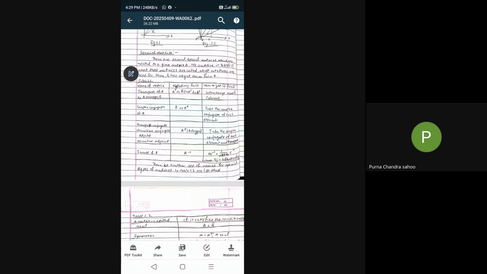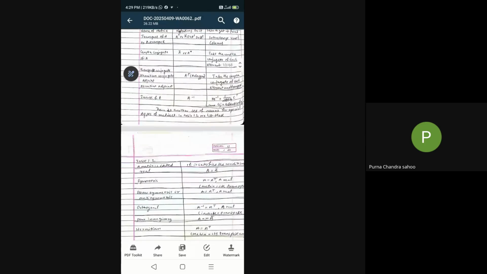Then the inverse of A. The inverse of A is derived by the formula 1 by determinant of A multiplied by C to the power T, and it is written as A inverse.